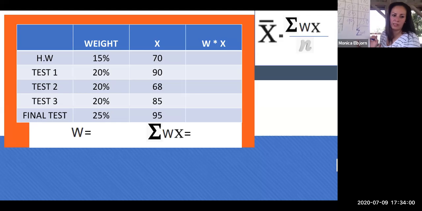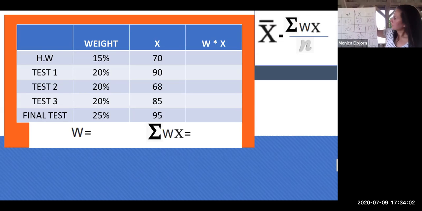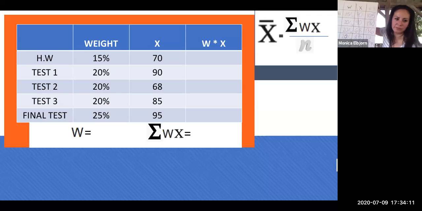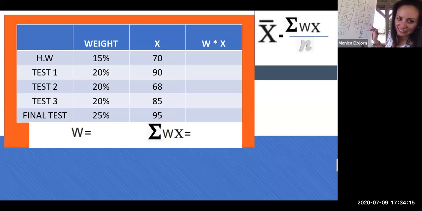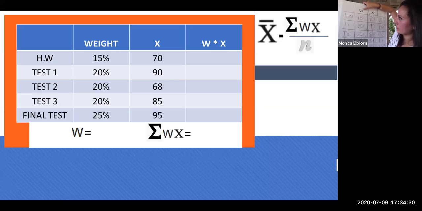So what's all this added up? 10.5 plus 18 plus 13.6 plus 17 plus 23.75. Yeah, very good, Ori. 80, very good, Gunnar. 82.85.